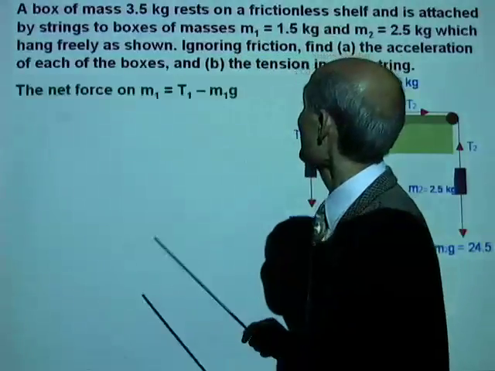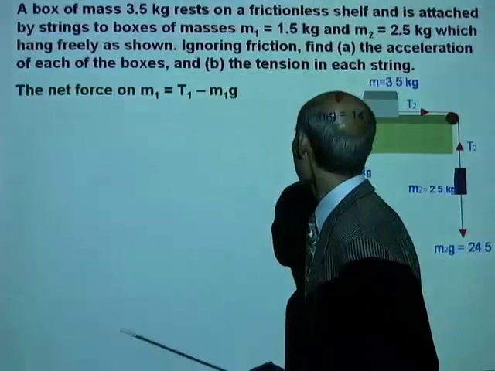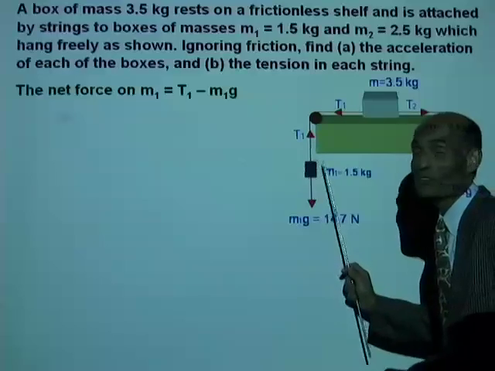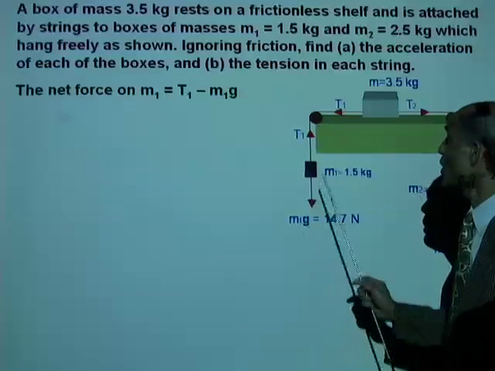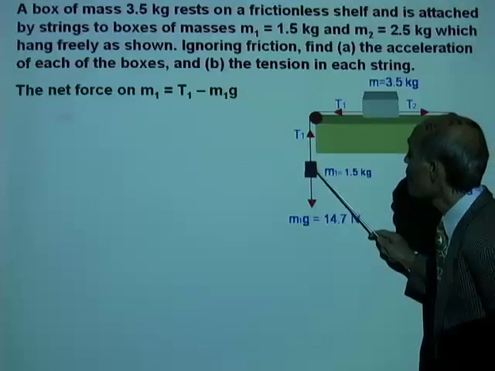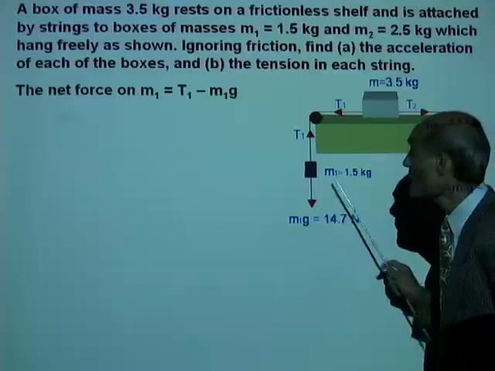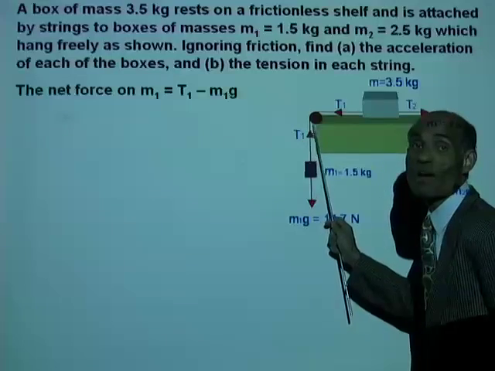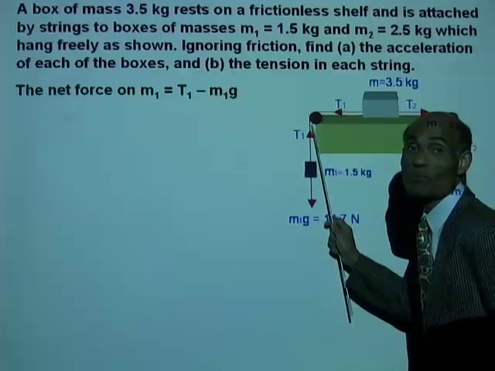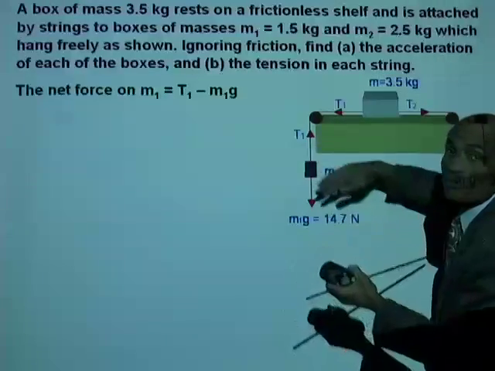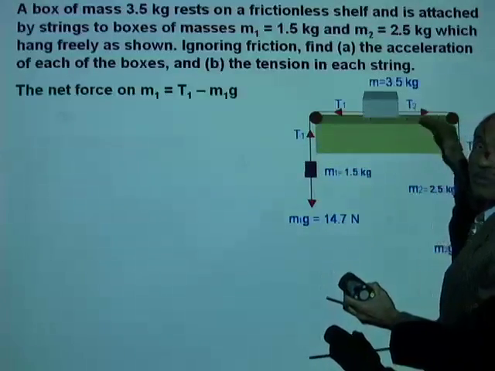Okay. The net force on M1. Let's talk about M1, this mass. What is the net force on this M1? The weight M1G is acting down. The tension T1 is acting up. And we would assume that the system moves from left to right.